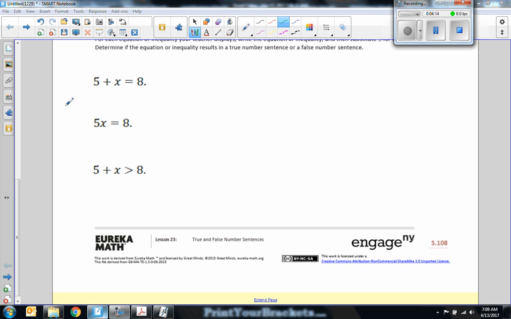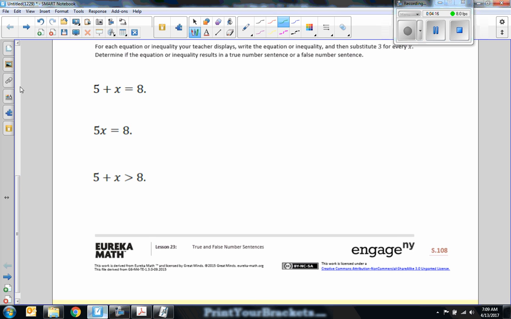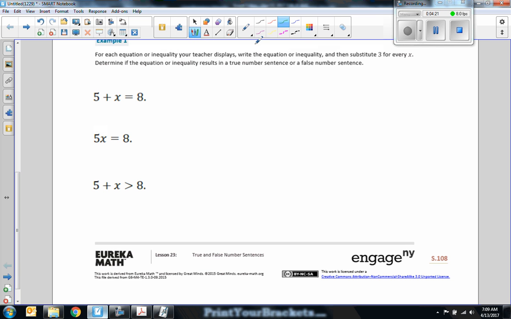So you're supposed to copy these down. Pause the video, substitute in 3 for every x, put a 3 here, put a 3 here, put a 3 here, and determine if the inequality or the equation is true or false. Okay, so try that, and we'll come back and see.